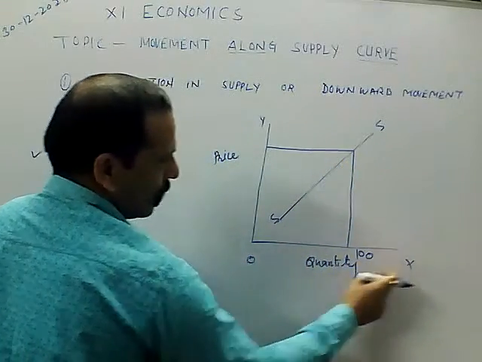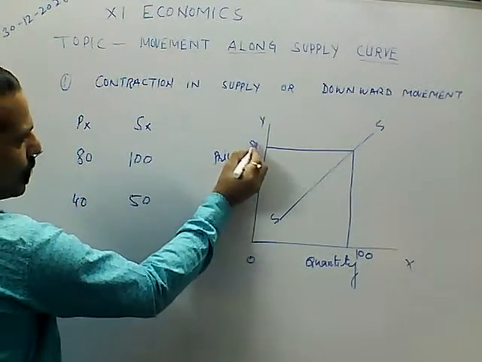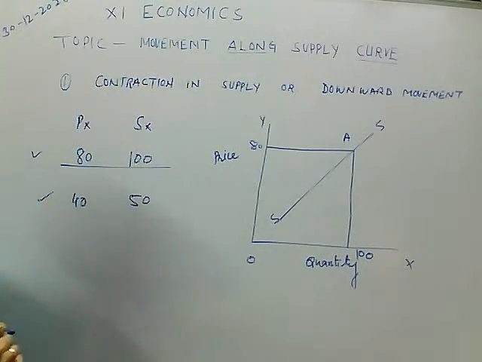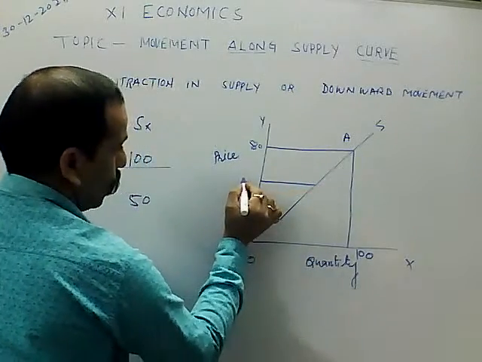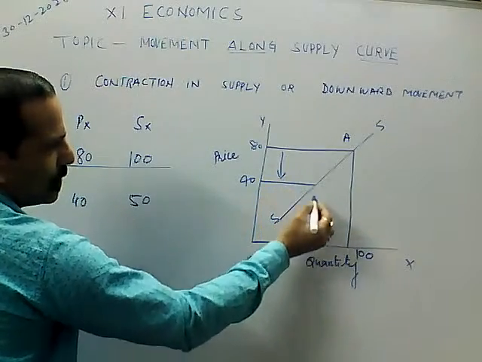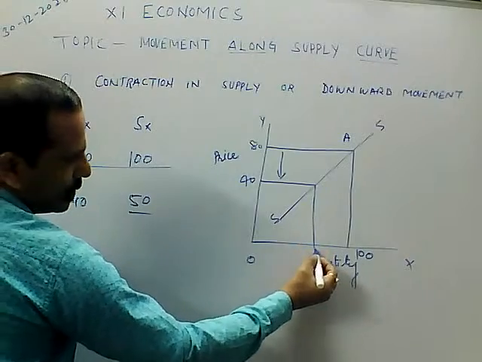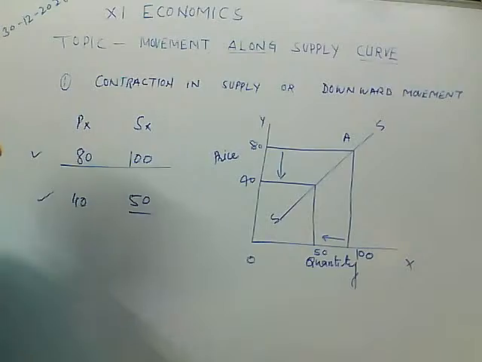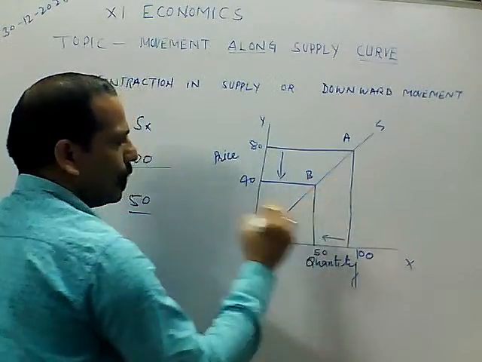So I am writing 100 here means quantity offered for sale, and here price rupee 80, let it be point A, initial. Now there is a fall in the price and now price is 40 rupee. Now quantity, see the quantity, how much? 50 units.